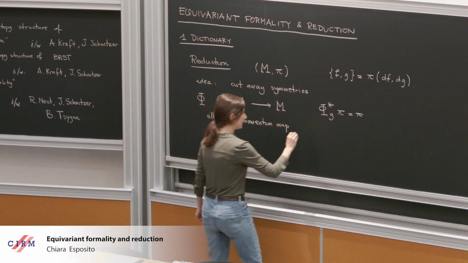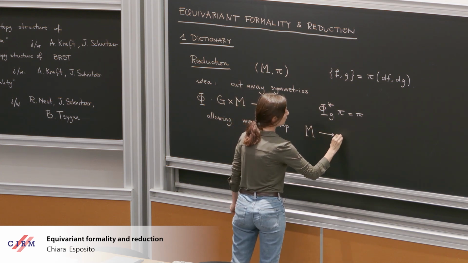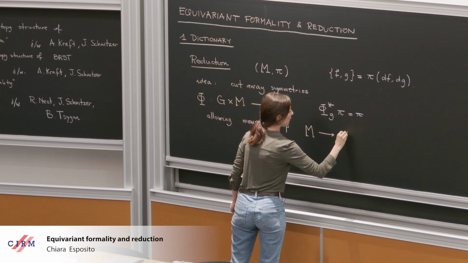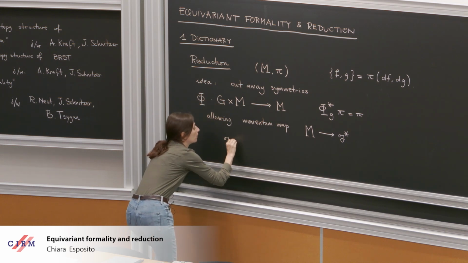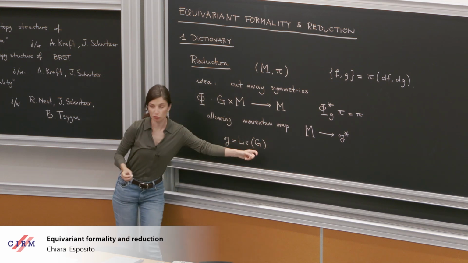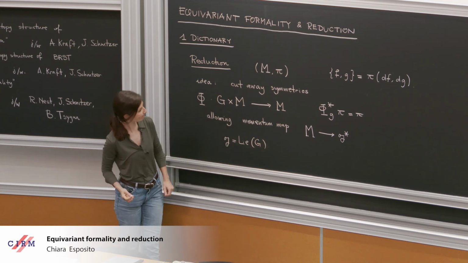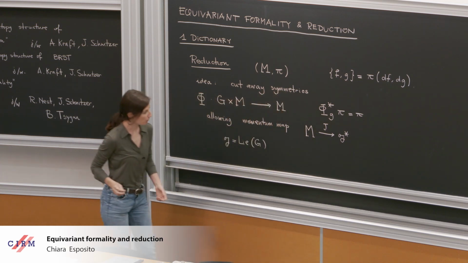The momentum map is just a linear map from M to G star, where G is the Lie algebra of my Lie group. This is what I call J, the momentum map.